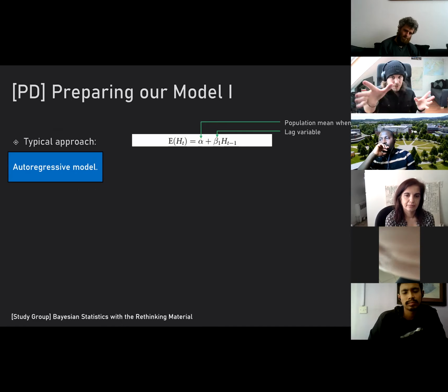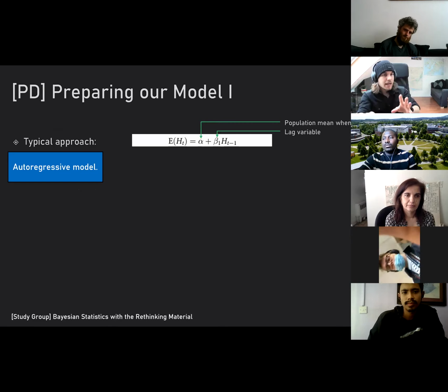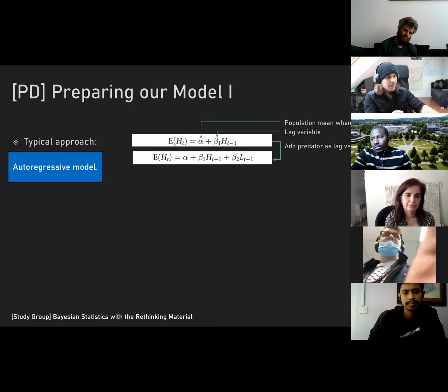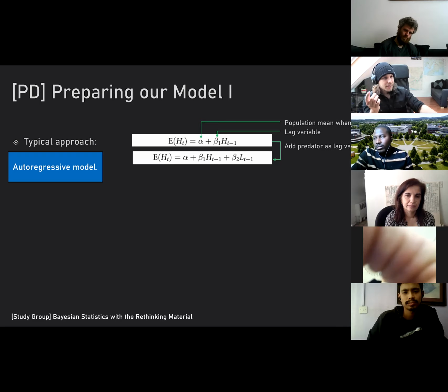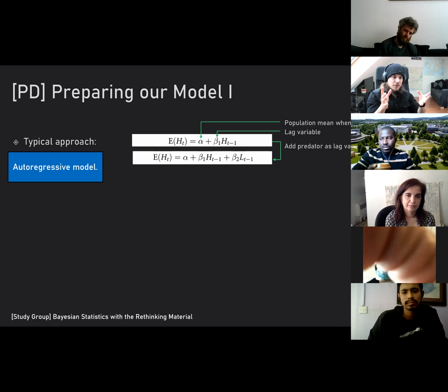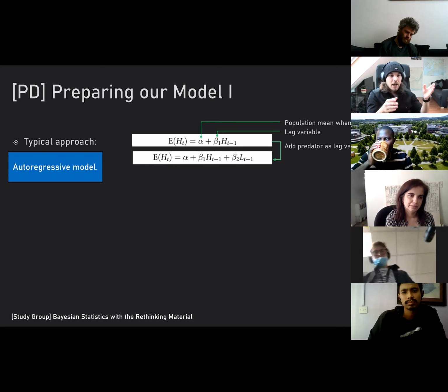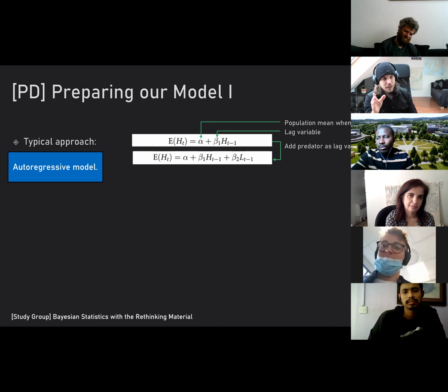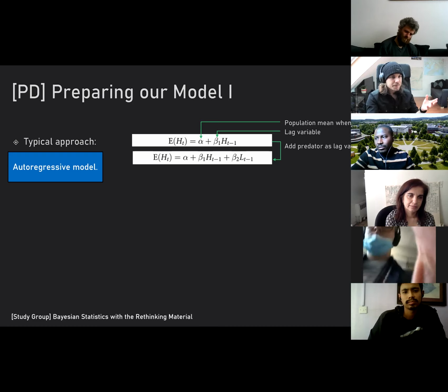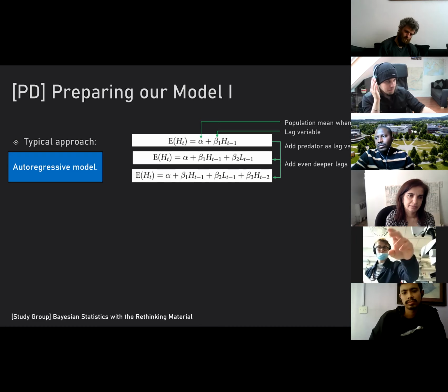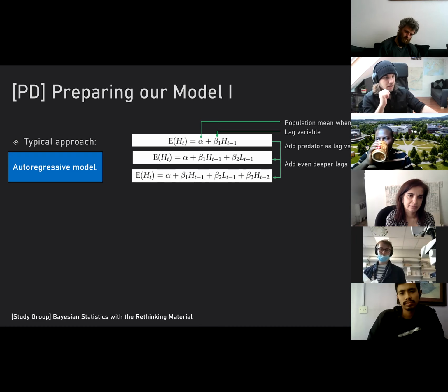Here we've got an explanation of the different parameters. We can then add the predator as a lag variable. So you can say that your current population size of hares is influenced by the hare population size of yesterday, as well as the lynx population of yesterday. We can then even add deeper lags. So we can say yesterday and the day before that for both the hares and the lynx.